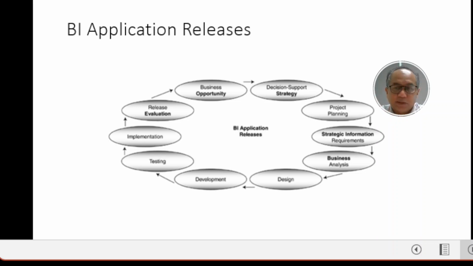So business intelligence applications will implement a cross-organizational decision support strategy rather than departmental decision support silos. It is cross-organizational, meaning that we don't really look at a single department, but we look at the whole organization. So business intelligence system requirements are mostly strategic information requirements.